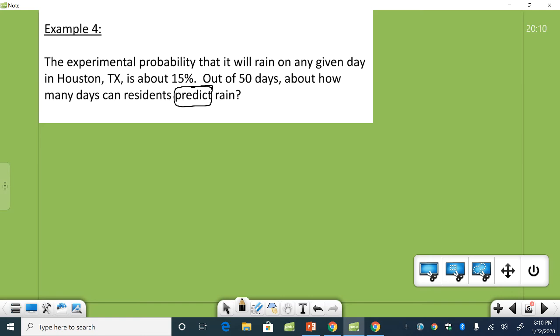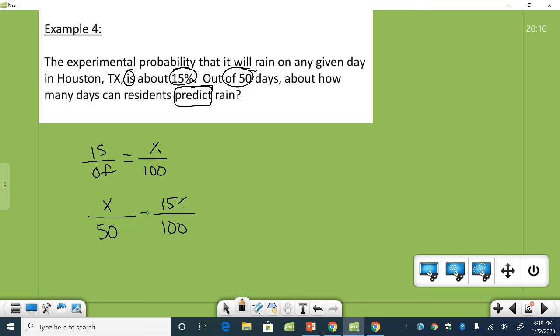You already know is over of equals percent over 100. So the first thing we've got to do is find out what is 15% of 50.